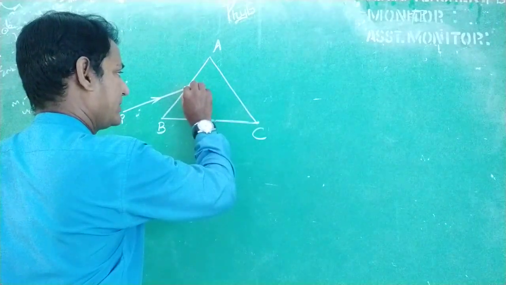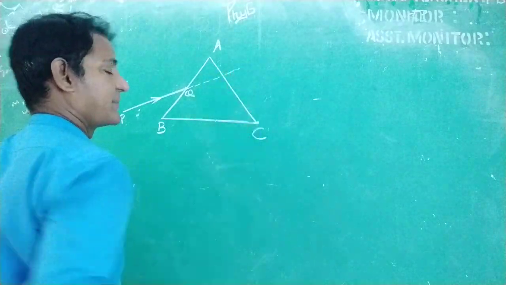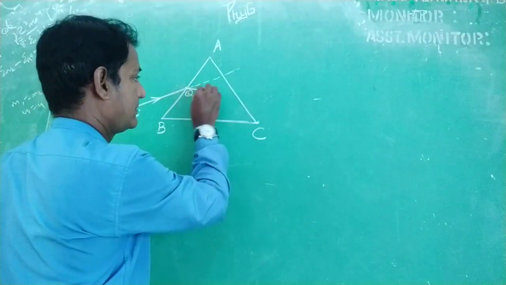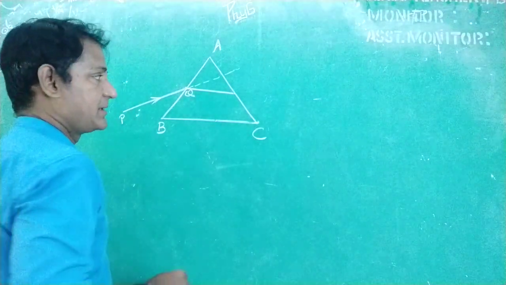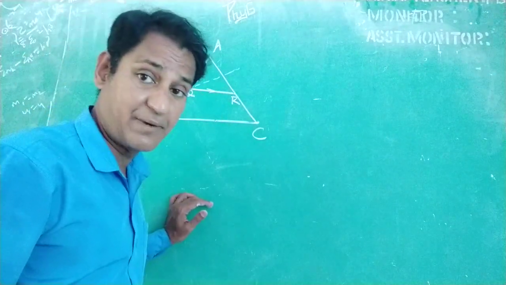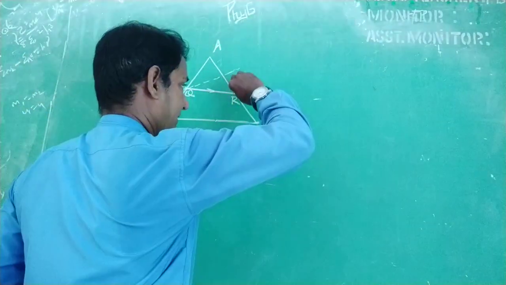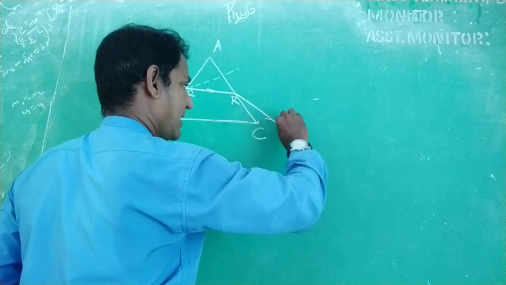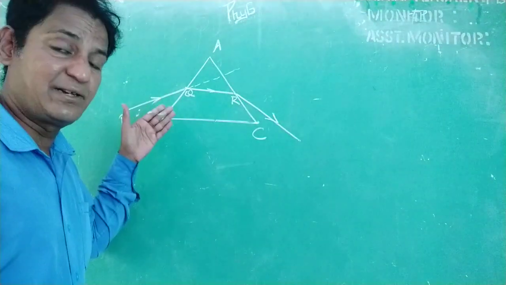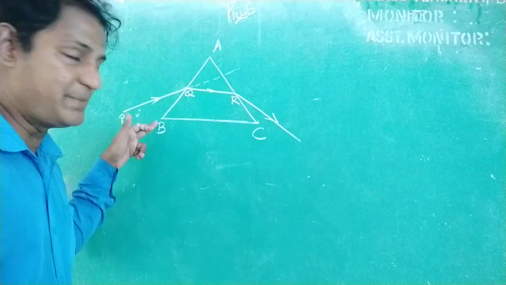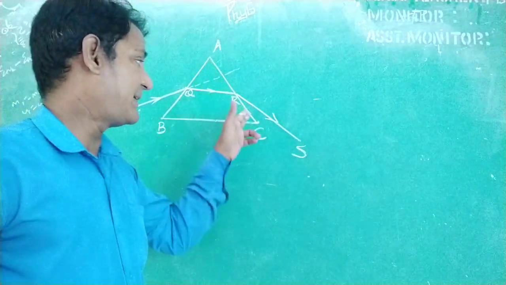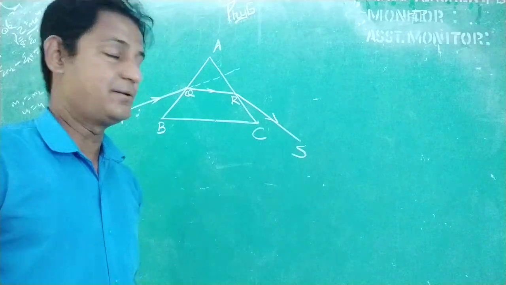Instead of going along this direction, it will be refracted. So this light ray QR is called the refracted ray, and then it will be emerging out of the prism. Here PQ is the incident ray on the refracting face AB. RS is the emergent ray on the face AC.